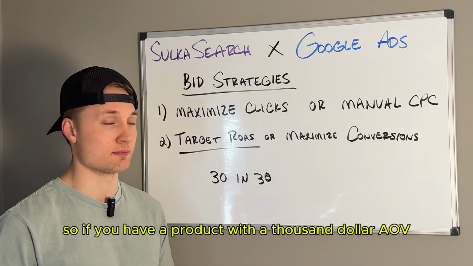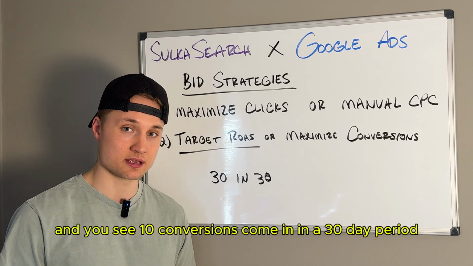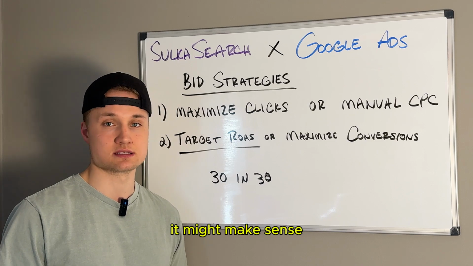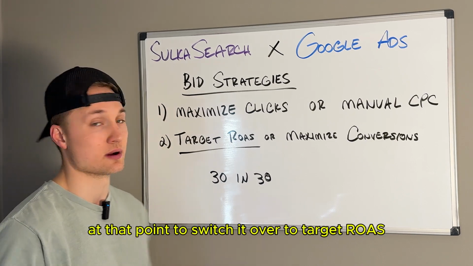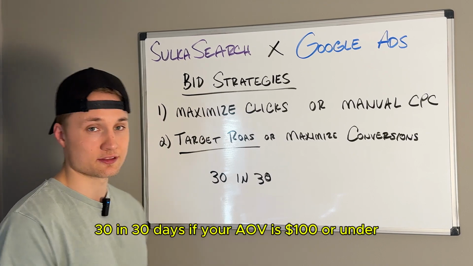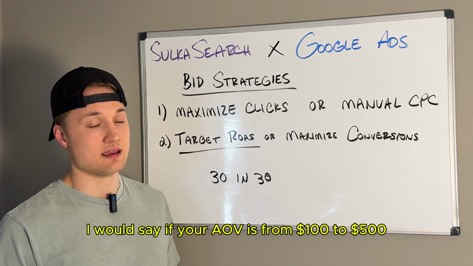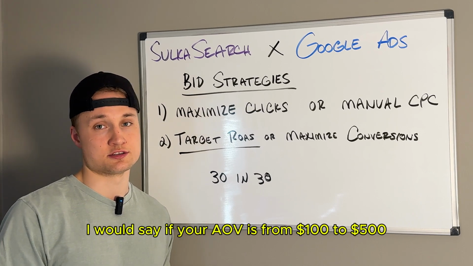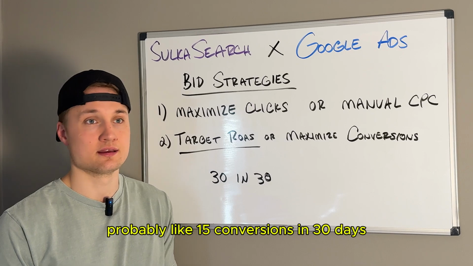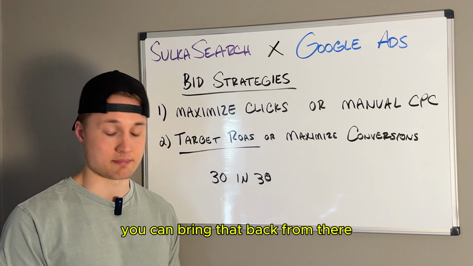So if you have a product with $1,000 AOV and you see 10 conversions come in a 30-day period, it might make sense at that point to switch it over to Target ROAS or maximize conversions. But as a benchmark, 30 and 30 days, if your AOV is $100 or under. If your AOV is from $100 to $500, probably like 15 conversions in 30 days. If it's even higher than that, you can bring that back from there.